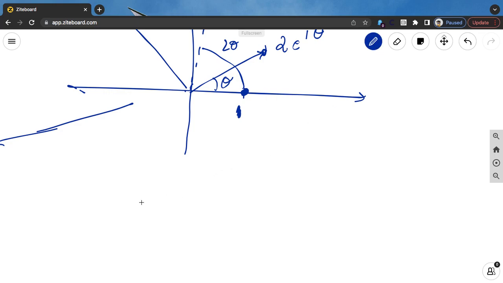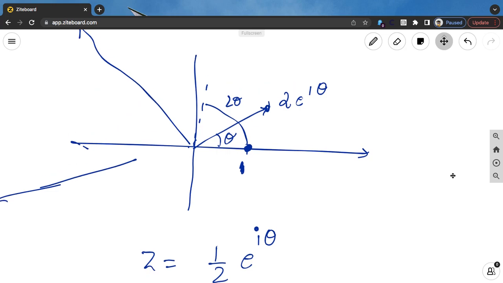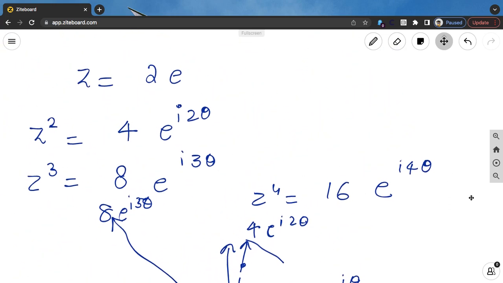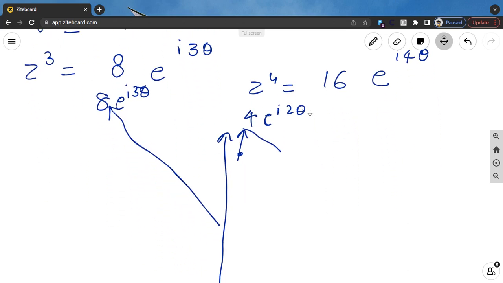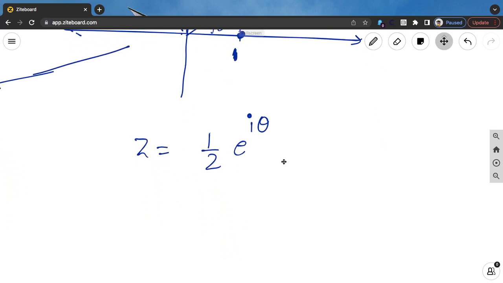Look at the modulus: 2, 4, 8, 16, all are growing in geometric progression. Look at the argument: theta, 2 theta, 3 theta, 4 theta, all growing in arithmetic progression. Try to imagine what the shape will look like.